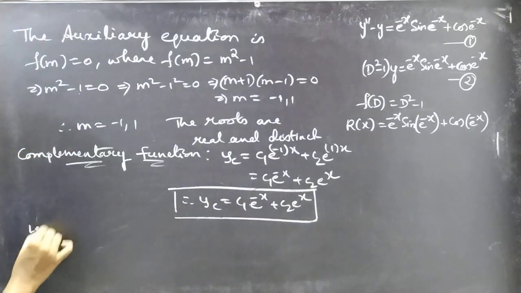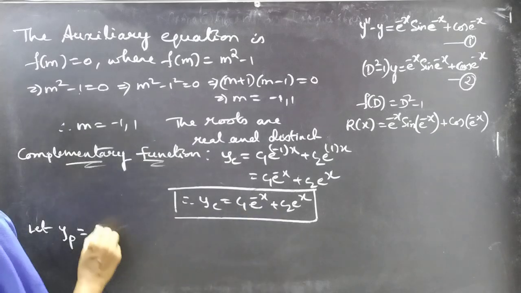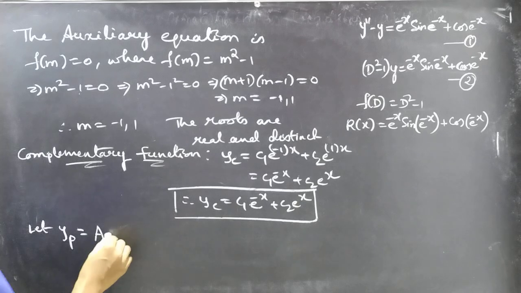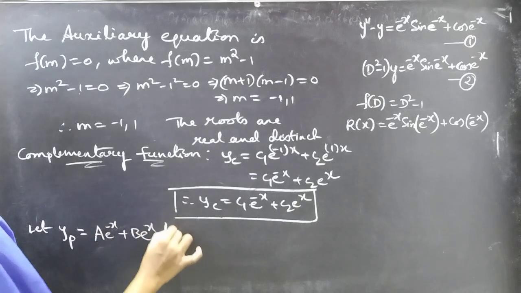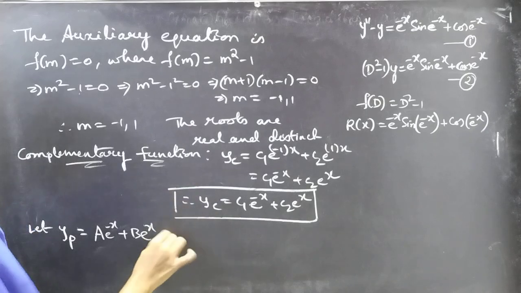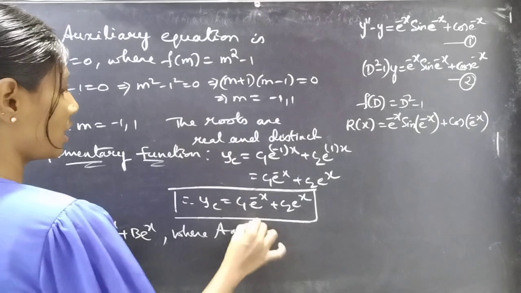Let yp equal to, now replace the constants with some functions of x. Replace the constants or parameters with some functions of x, say A and B. Then we'll have yp equal to A e^(-x) plus B e^x, where A and B are functions of x.